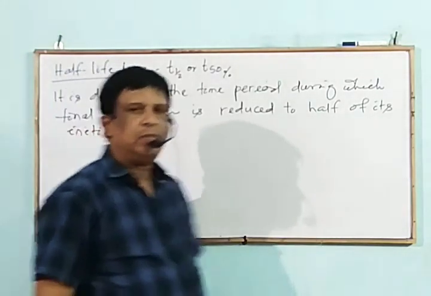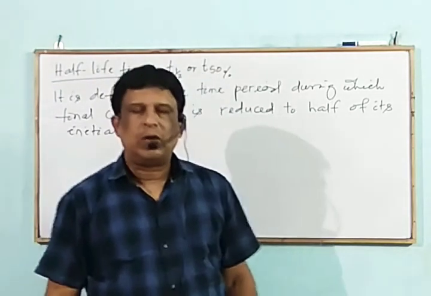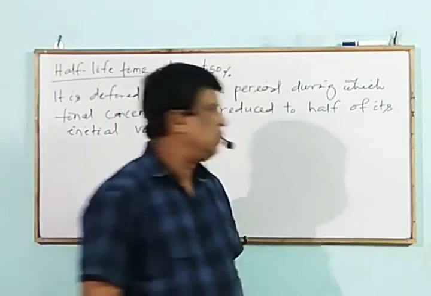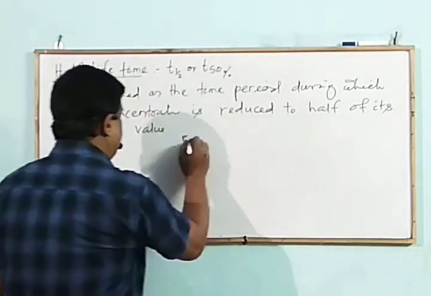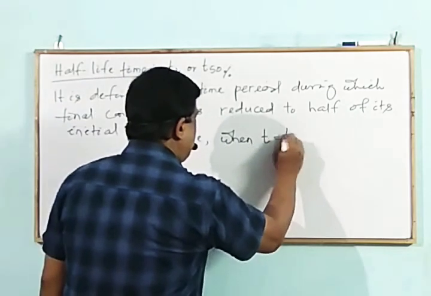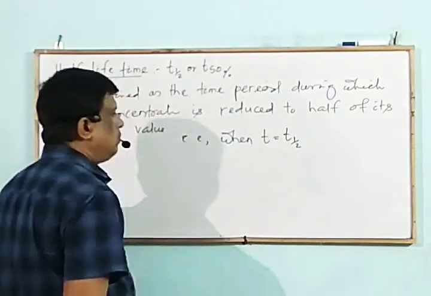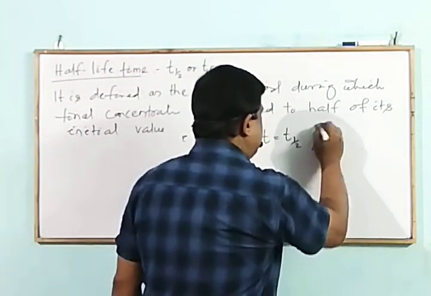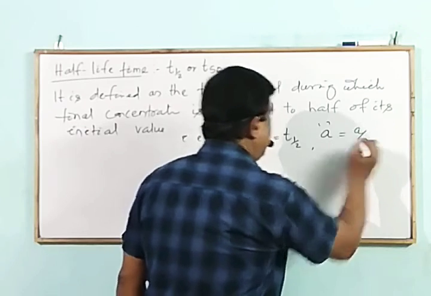It is a time during which the final concentration is just half of the initial value. That means when t is equal to t half, the initial concentration, that is a, becomes a by 2.